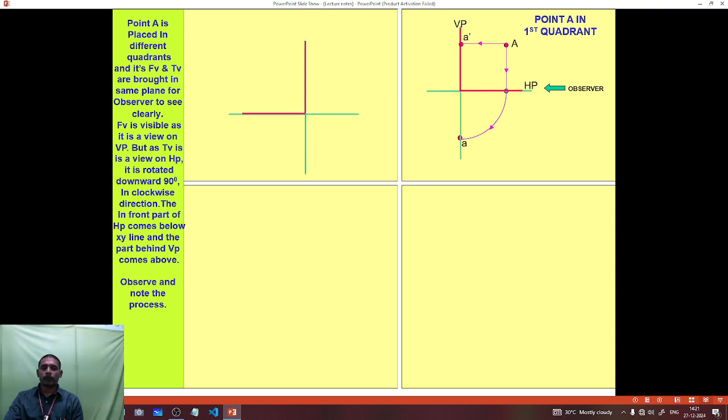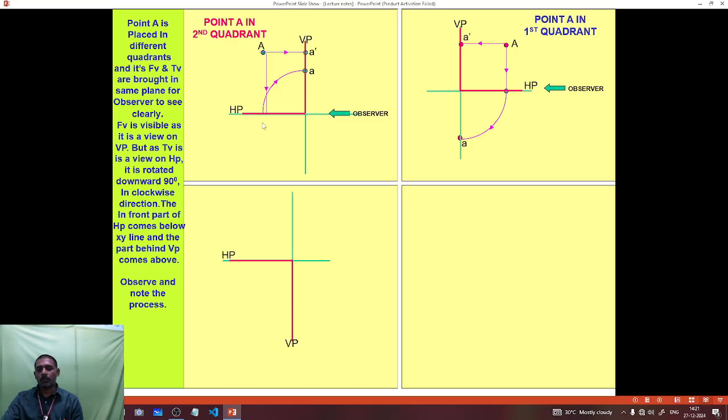Next, the point is located in the second quadrant. The front view of point A is on the vertical plane and the top view is on the horizontal plane. Next, the third quadrant, similarly the front view is a dash on the vertical plane, and small letter a is on the horizontal plane.